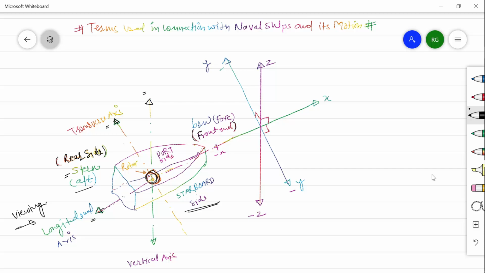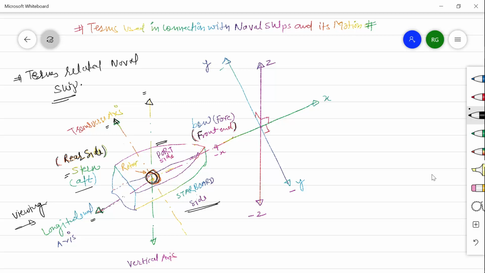This side is port side. So these are the terms used in the case of ships. Now first we discussed the terms related to naval ships.